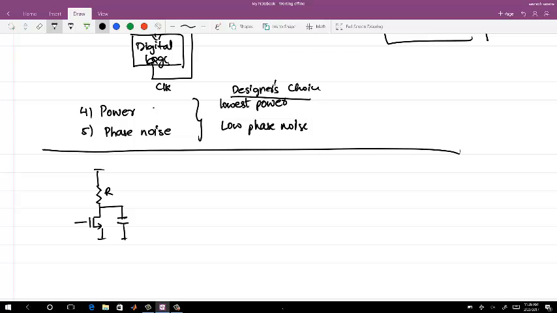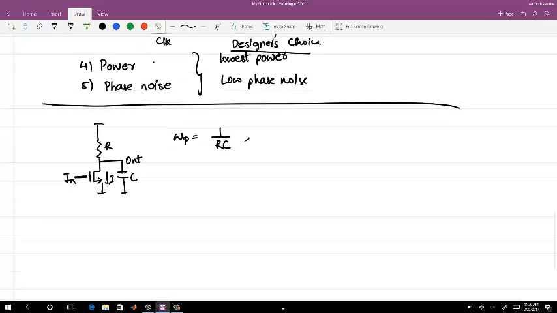R and C, this is a single cell, input and output. Here omega p is equal to 1 over RC, and based on the bias current you will have the output amplitude, gm Ro. That will be the amplitude.